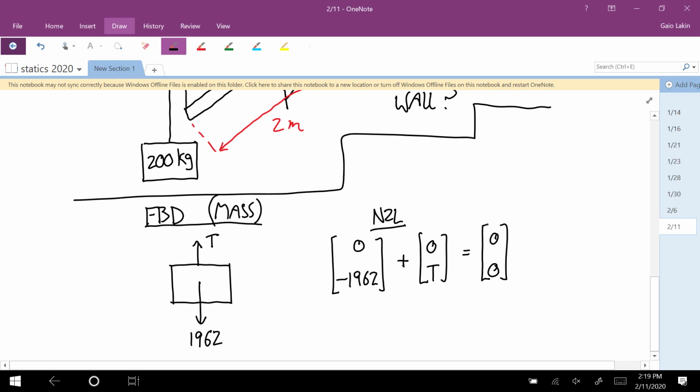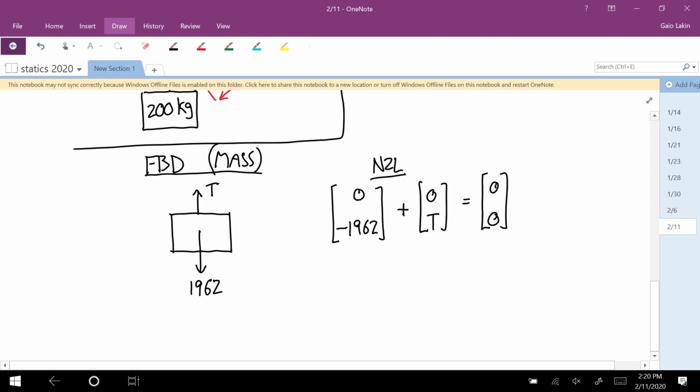But you can see it right here: notice what would happen if there was a vertical acceleration there. T wouldn't be equal to 1962 anymore. So you've got to be careful about that. Generally speaking, in statics you barely have to be careful about anything, but that's the good and the bad. The x equation doesn't say anything, but the y equation says T is equal to 1962.